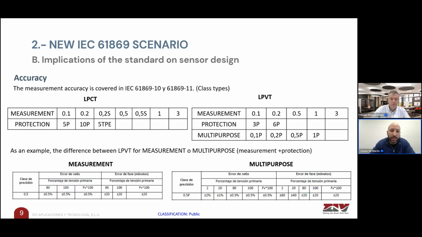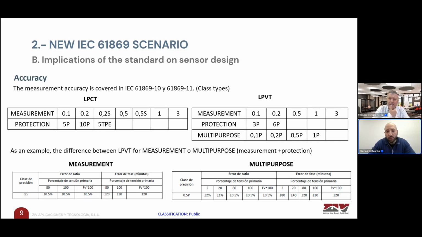Following, we can see an example of the difference between a measurement device and a multipurpose device. Sorry, the table is in Spanish, but the data is easy to understand. We are comparing the 0.5 accuracy class. You can see in the left table that the range we have to comply with is from 80% of the primary voltage to 100% multiplied by a voltage factor.